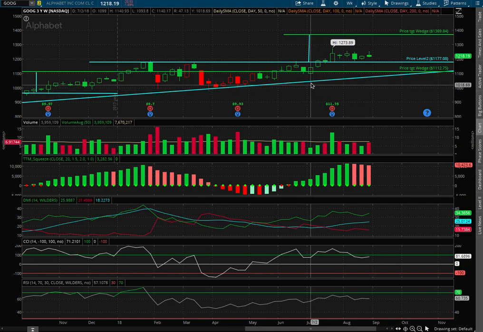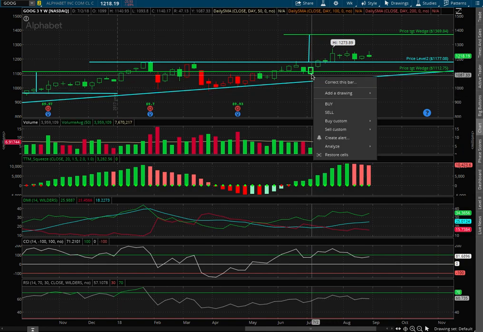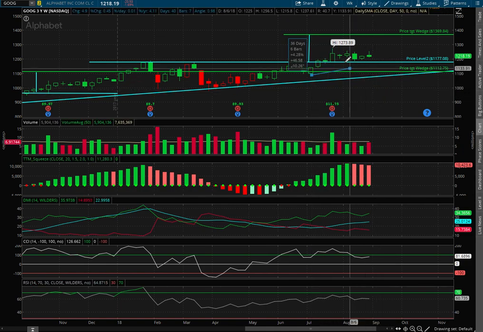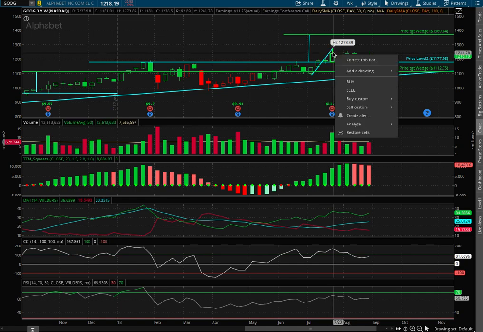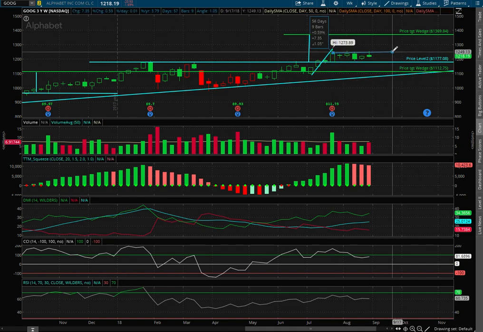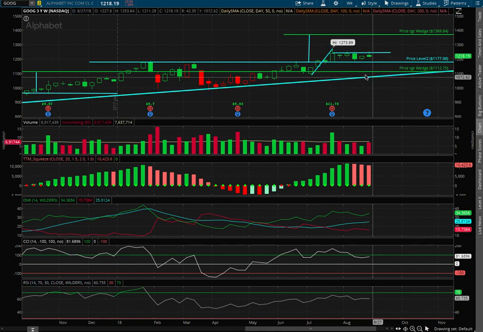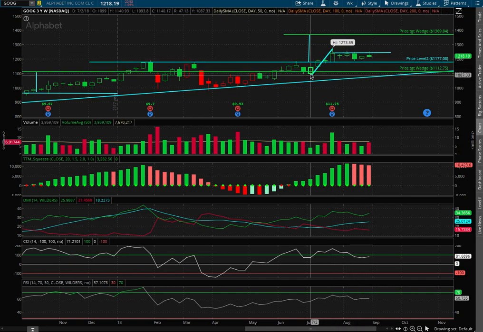So now we have another uptrend currently. And now we have resistance here, and we have support here. So this here is a bull flag. So now we have a bull flag.